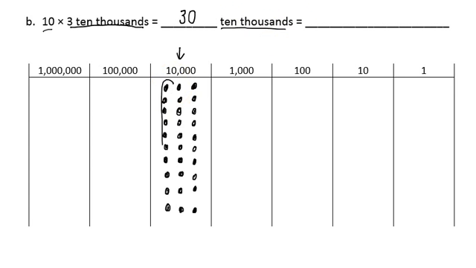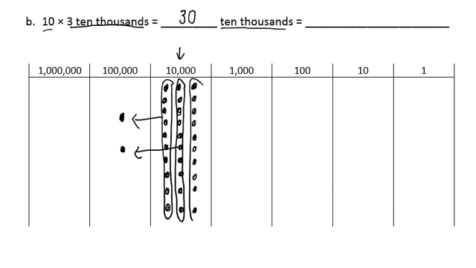Let's take 10 discs, each worth 10,000, and compose them into 100,000. 10 groups of 10,000 equals 100,000. Another 10 groups of 10,000 equals another 100,000.